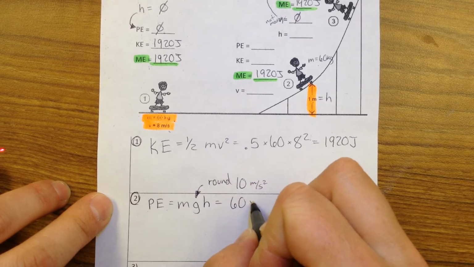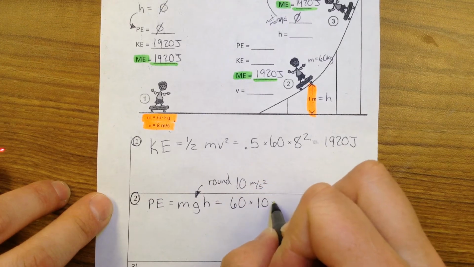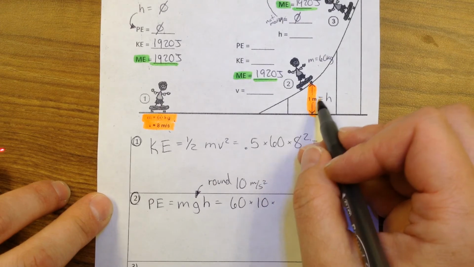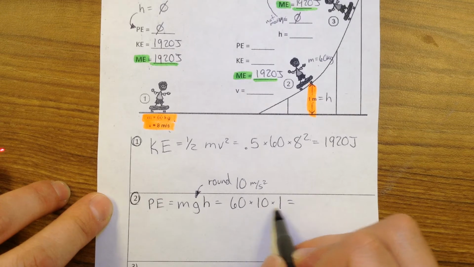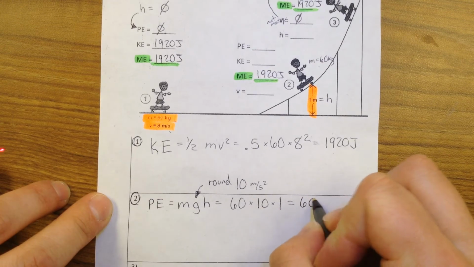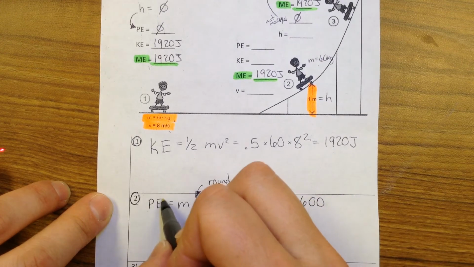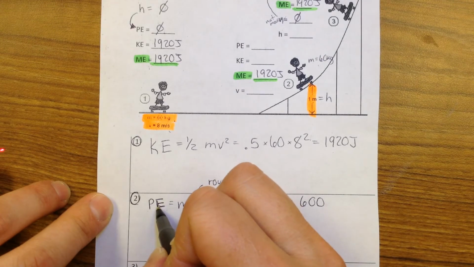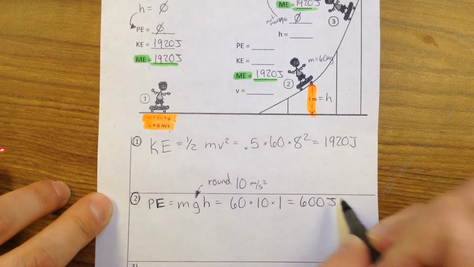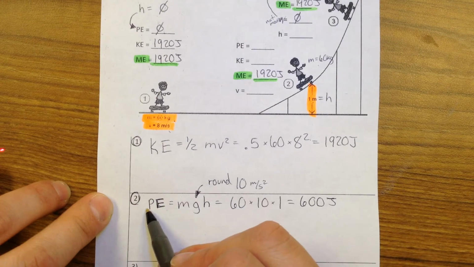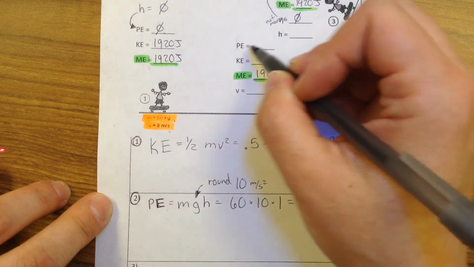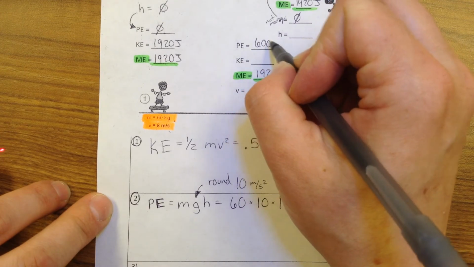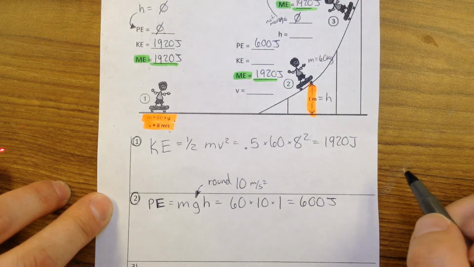Mass of 60 multiplied by a gravity of 10 meters per second squared multiplied by a height of 1 meter. 60 times 10 is 600 times 1 is 600. 600 joules of potential energy at position 2.